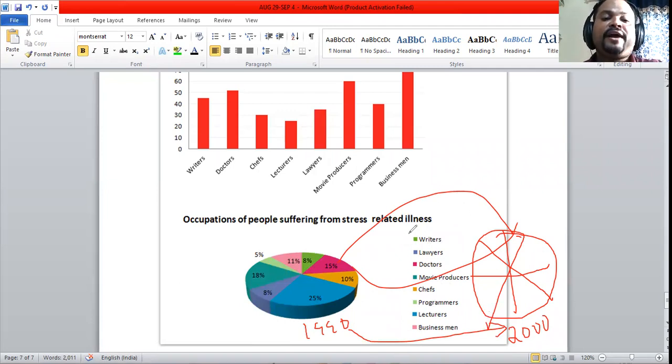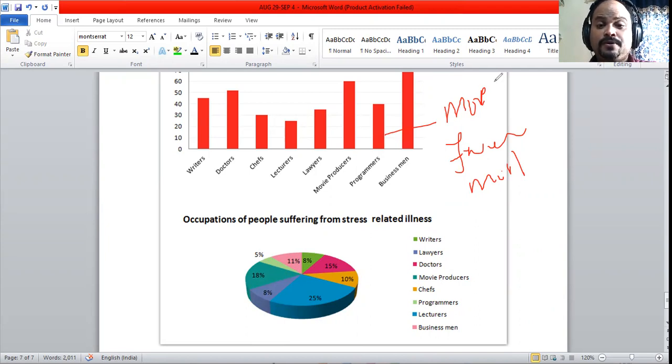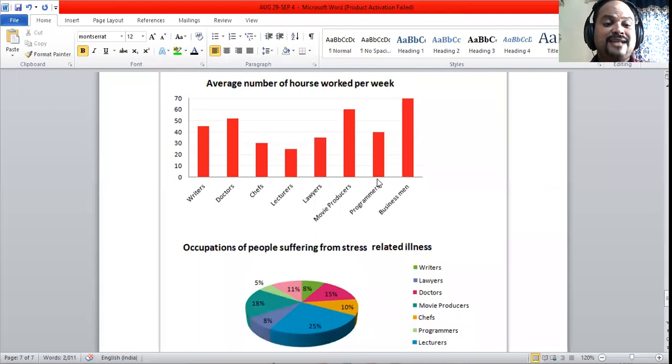As long as two time frames are not there, you cannot use such change vocabulary. You can use only the static vocabulary: more, fewer, less, most, least, highest, lowest, higher, lower. I hope you have understood the difference between static data and movement data.